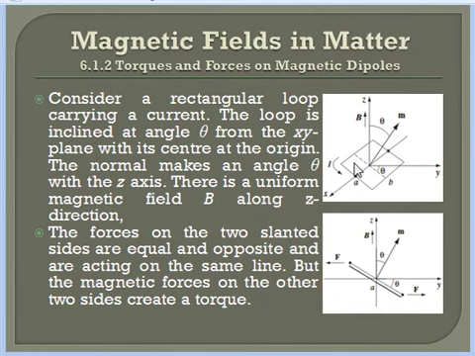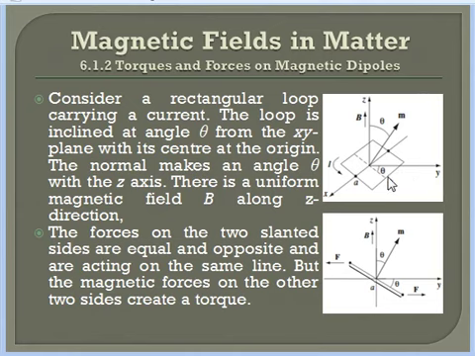Now there remain the other two sides, one on the upper side and one on the lower side. These upper and lower sides have a length B, and each is placed in a magnetic field B. So each side will have a magnetic force F equal to I times length times magnetic field.